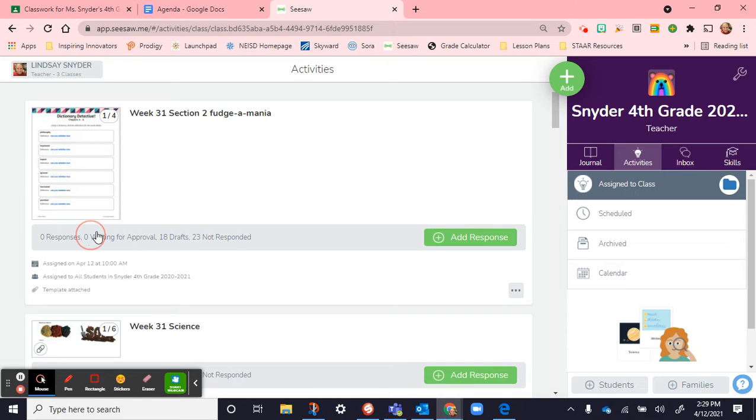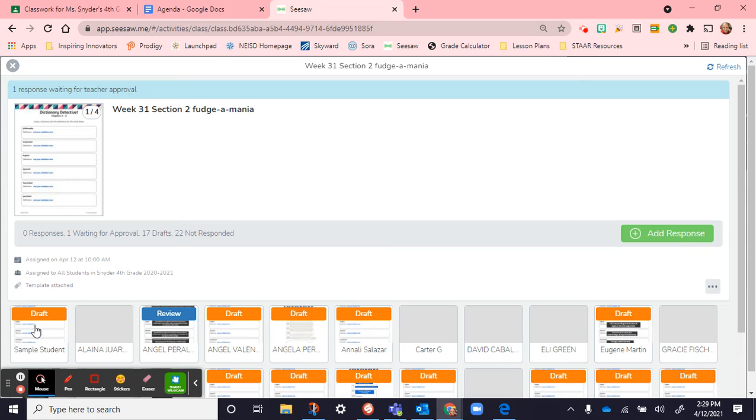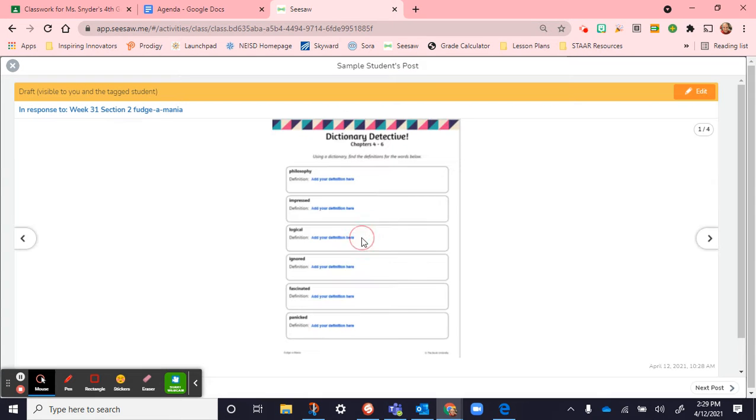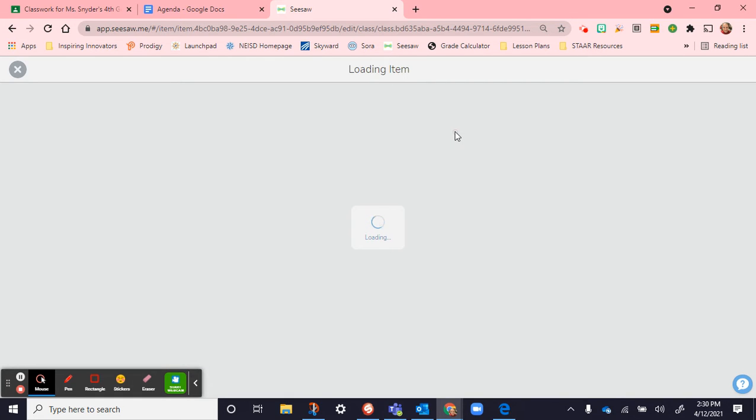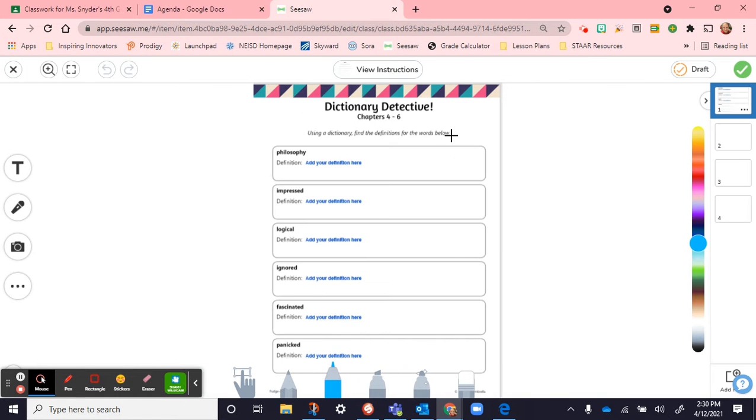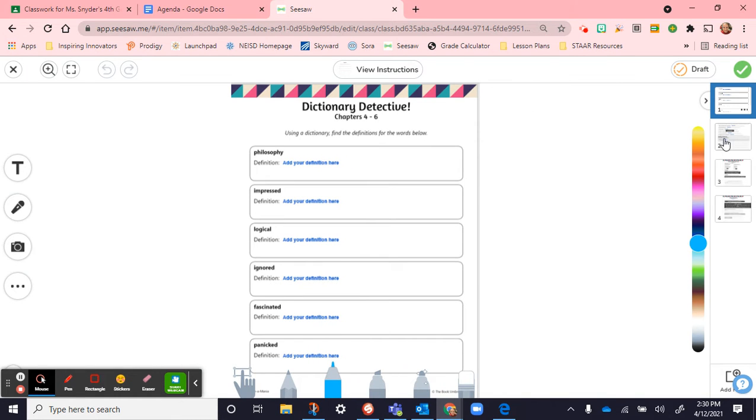When you click on this and open it up, you'll see Dictionary Detective. The first couple pages everybody did on their own.